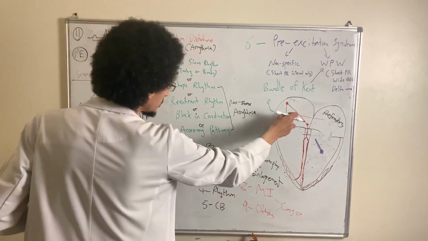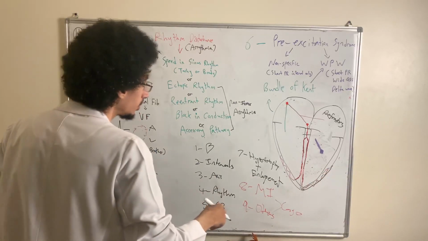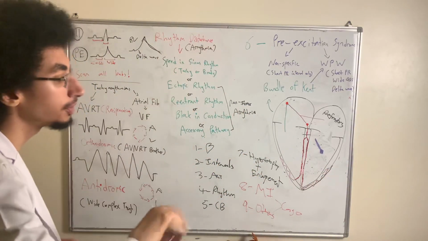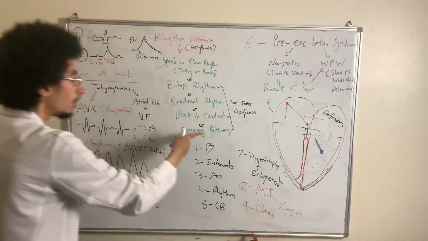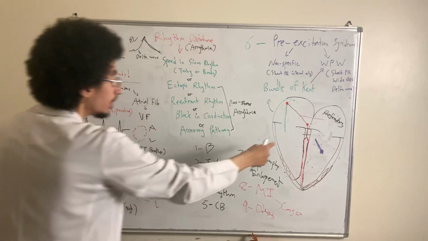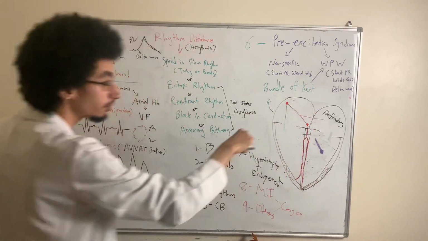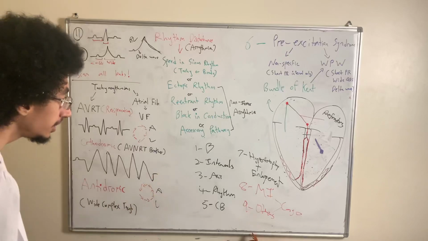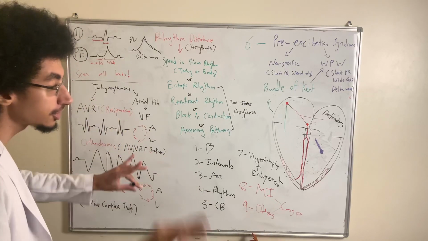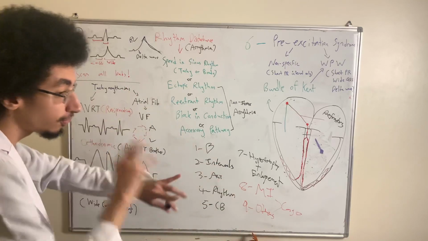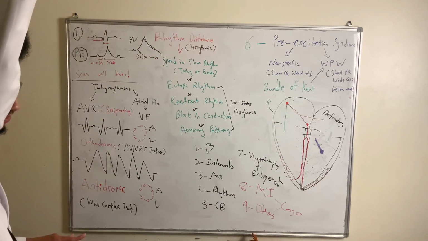So when an action potential is sent very early, it will be rejected by either the accessory pathway or the AV node, because both of these pathways are in the refractory period during repolarization. That means you will not give me an action potential until I finish my repolarization. If I'm not fully repolarized, your action potential will go somewhere else.